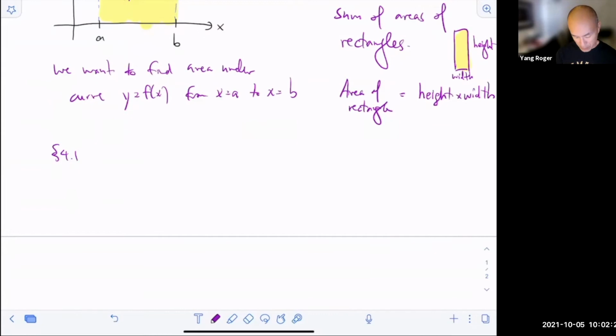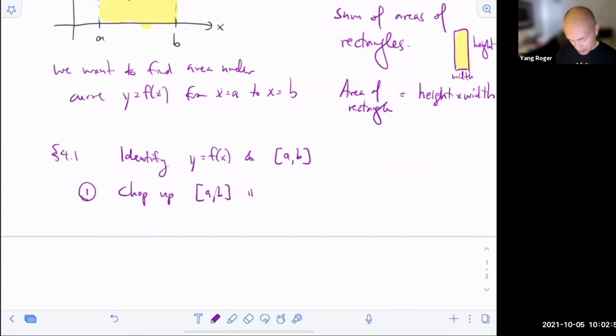You have to identify your function y equal to f of x and your endpoints a, b. Okay. Then the first thing we want to do is chop up this interval a, b into n equal pieces.